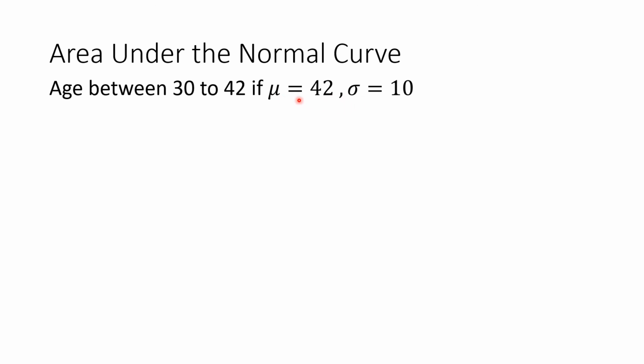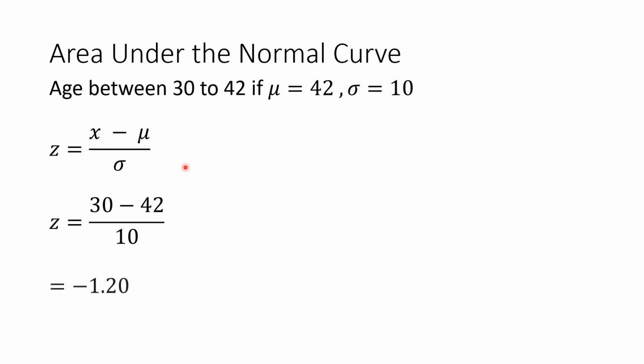Since 42 is our mean and that is one of the boundaries, that means 30 will be our x. And now, let's just use these values to solve for our z-score. We will get a value of negative 1.20.